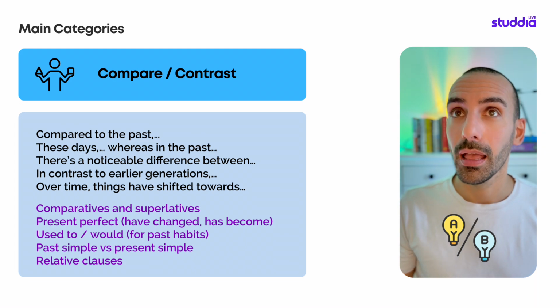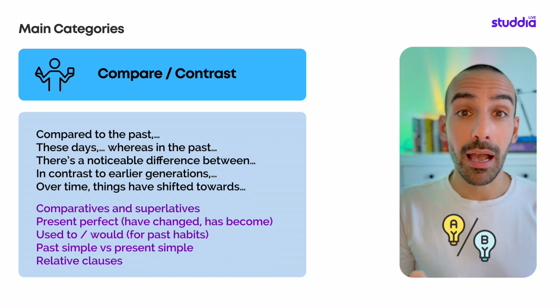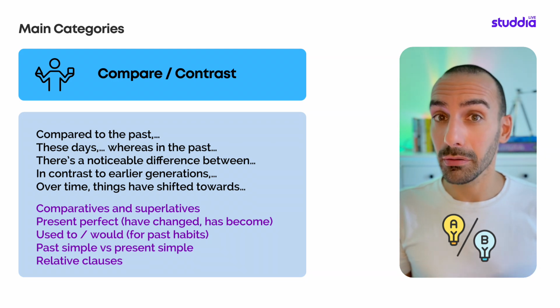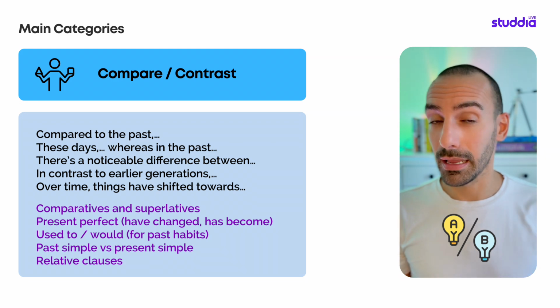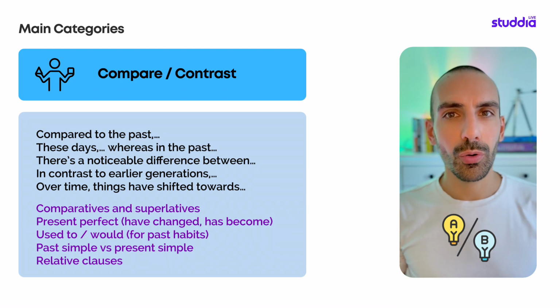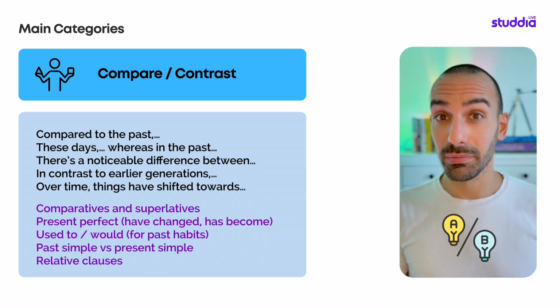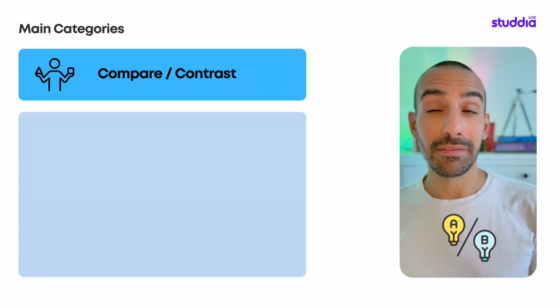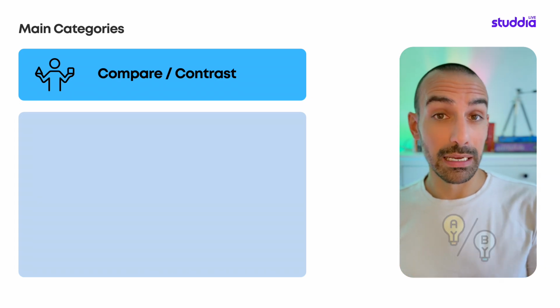Or families have become more spread out, especially in urban areas. So, in this category, you're showing not just difference or similarity, but also development and contrast over time.